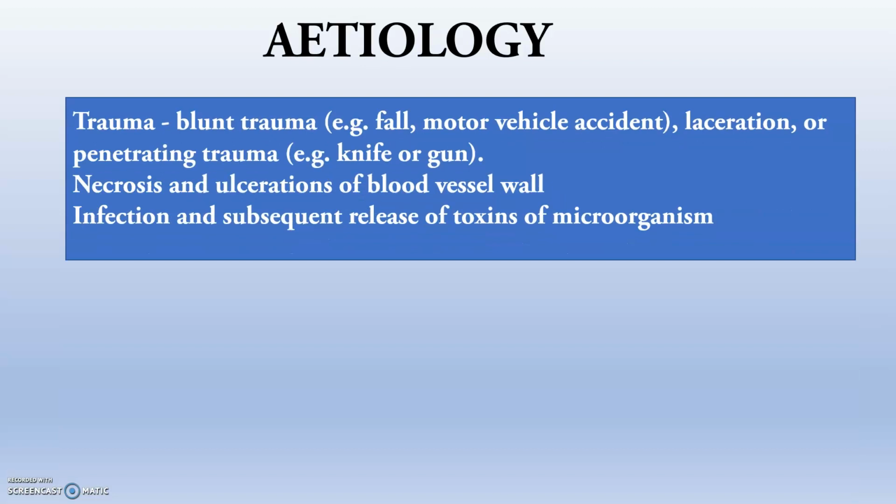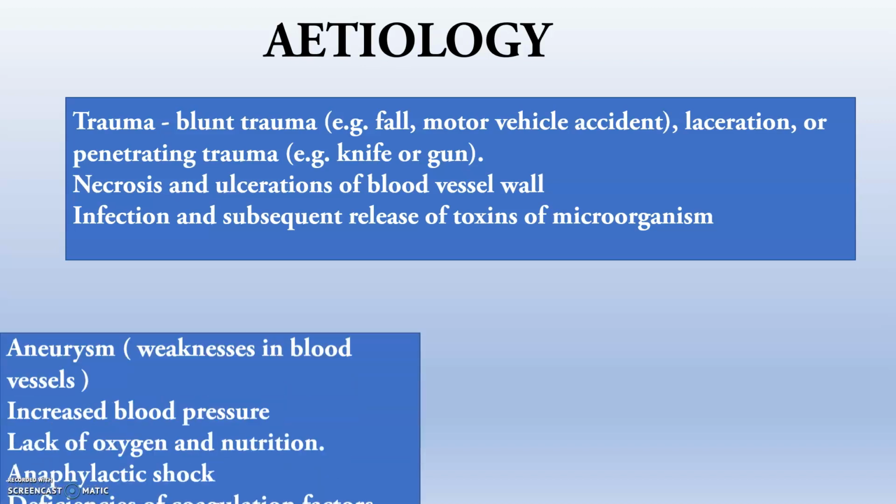Moving to the etiology or causative agents, it can be from trauma, that is blunt trauma, penetrating trauma, etc. Necrosis and ulceration of blood vessels may lead to sloughing of the endothelial cells, opening of the endothelium and hemorrhage. Infection or subsequent release of toxins of microorganisms: these toxins attack and kill the basal cells of the endothelium, producing gaps through which blood can ooze out.